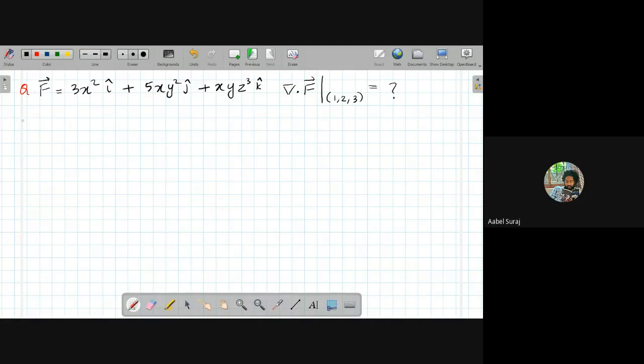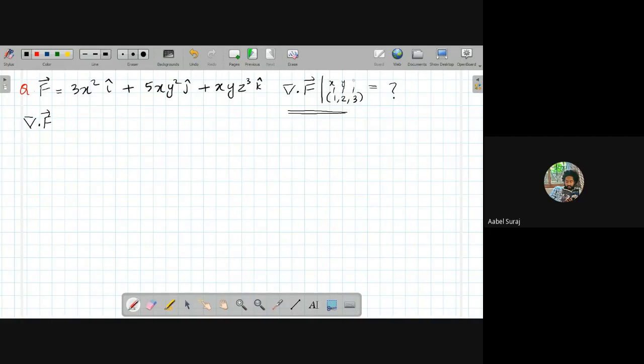Okay, let's do this thing. So, sir, it's 1, 2, 3, right? Okay, yes. So what is del dot f? If it is given like this, find the divergence of this function at the point 1, 2, 3, which means just find the divergence and put x as 1, y as 2, and z as 3.